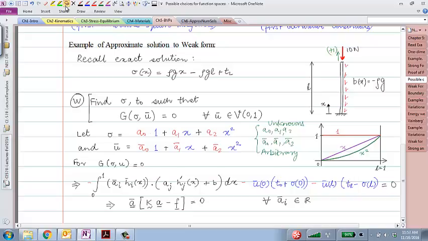So the problem statement goes like: find sigma such that that G function goes to 0 for all possible a0 bar, a1 bar, a2 bar. So I still have an infinite set of u bar functions, correct? There are infinitely many linear combinations of these three functions. Do you agree?